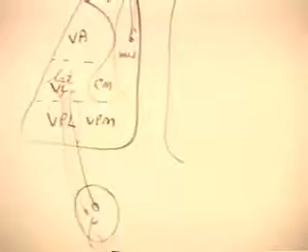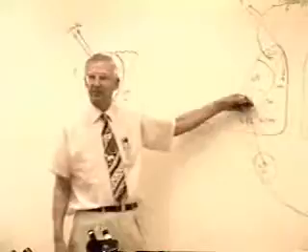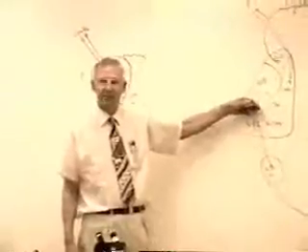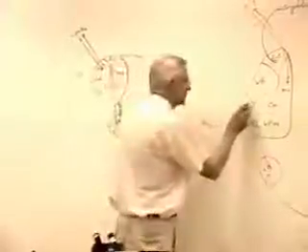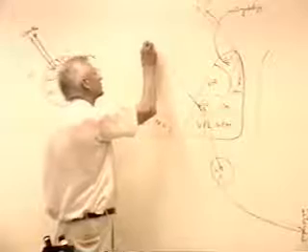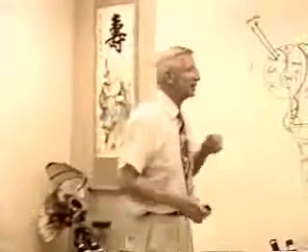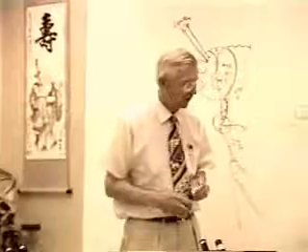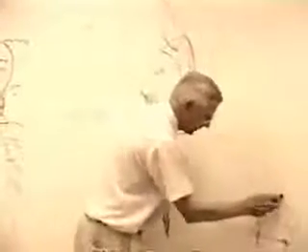So this becomes a major cerebellar input, the VL. And a major projection out to areas 4 and 6, motor and premotor cortex, for stages 2 and 3 of the cerebellum.